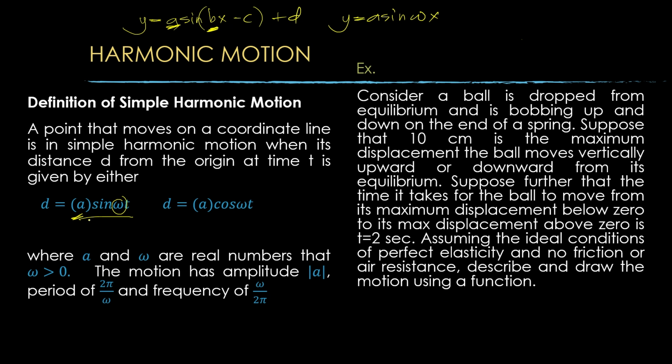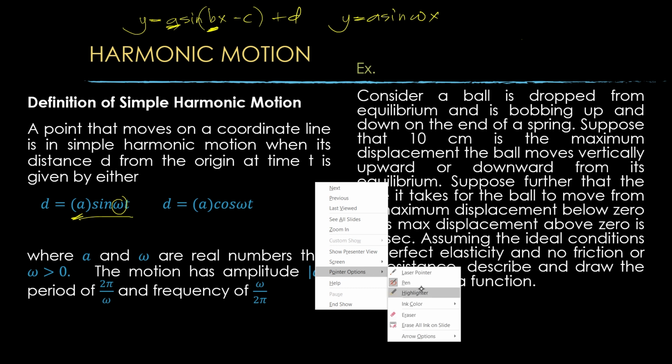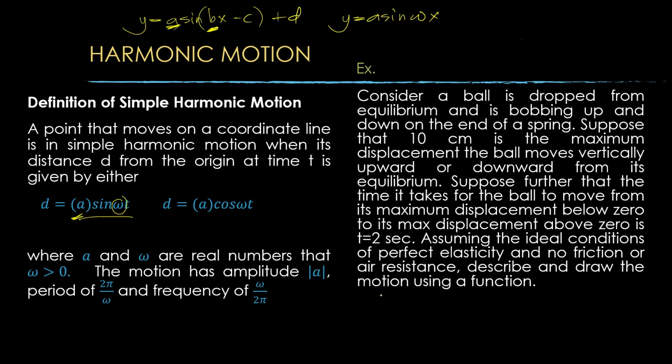So either we're going to use sine or cosine. Now we're going to be solving the problem. What is asked is that we describe and draw the motion using a function, so we use either sine or cosine.